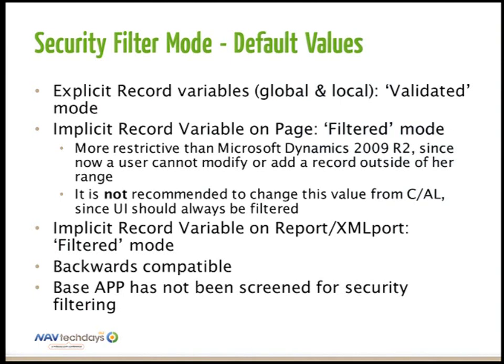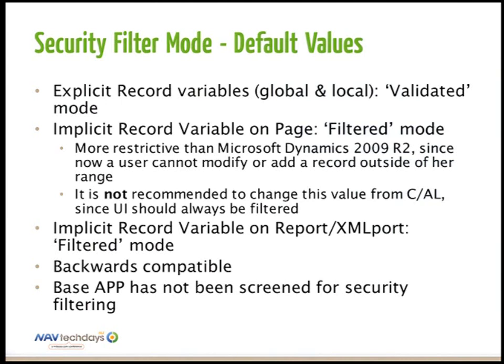One thing that we did, though, is there was a call before which was SetPermissionFilter. It, in effect, changed from validated to filtered mode. That call is still there, but we encourage you not to use it. If you need to do something, then change the property. What it does is exactly the same as before.